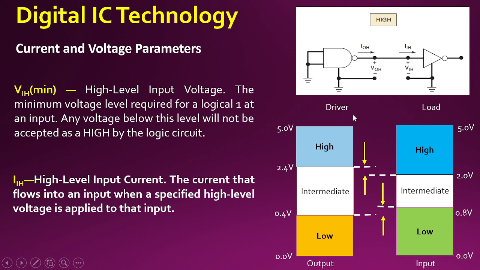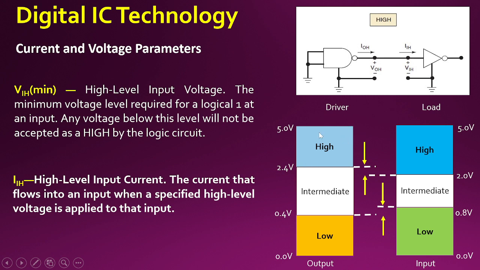Below here we can see there are two profiles drawn. One is the output profile, one is the input profile. The output profile means the voltage range at the output, and when it is getting into any logical gate, then this side is the input voltage profile.